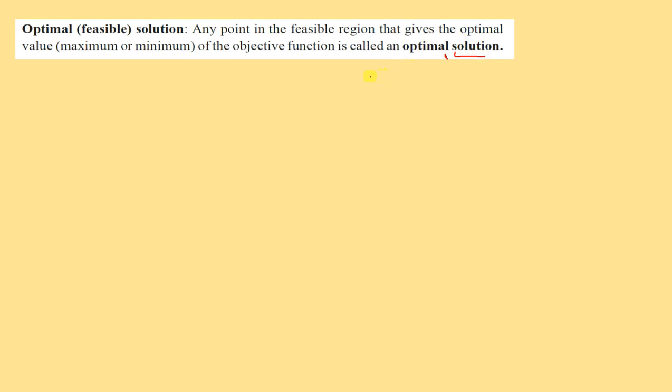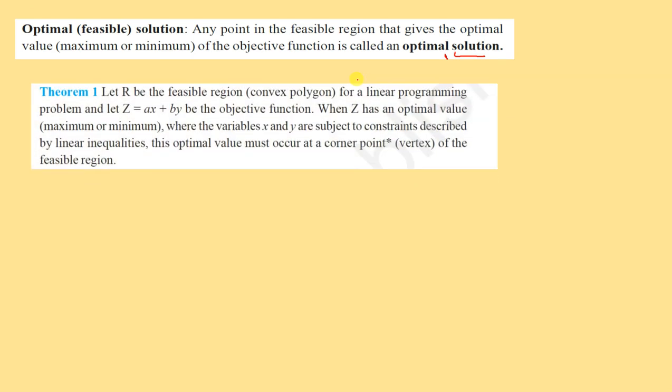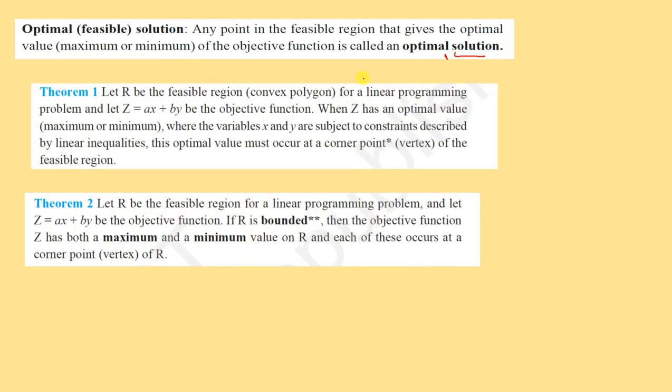But since there are many points in the feasible region, it is not possible to check each and every point to find the maximum or minimum value. So we will have a theorem to find the point which gives us the optimal value of the solution.